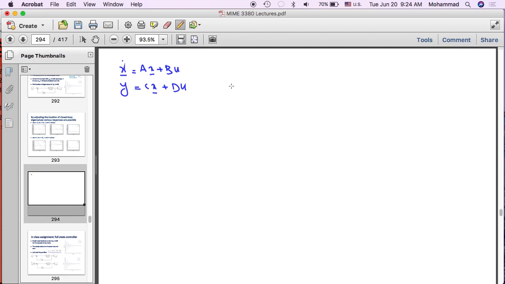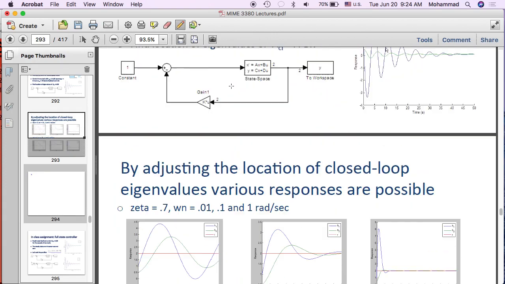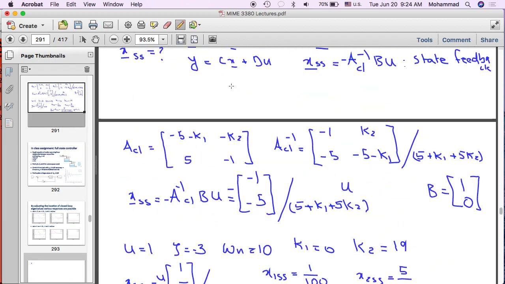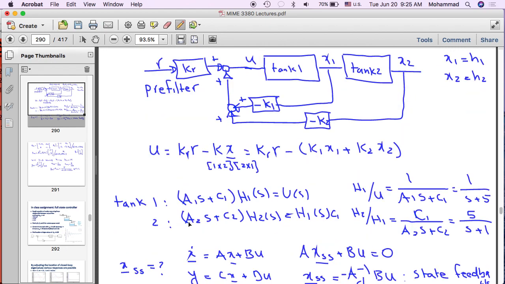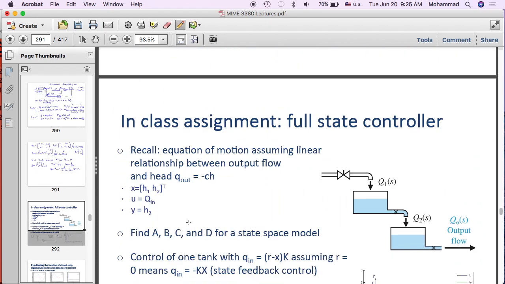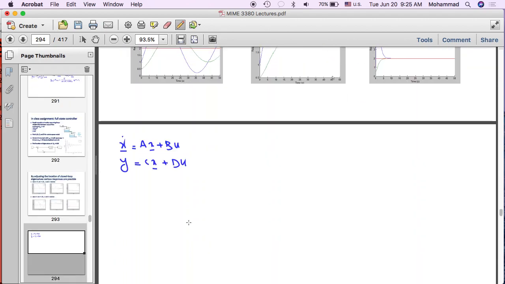Now, according to this block diagram that we just put together, look at the value of input to open loop. The value of input to open loop is KR times R minus K times X. And I have the equation right here. So let's go ahead and write that down next to our state space model.